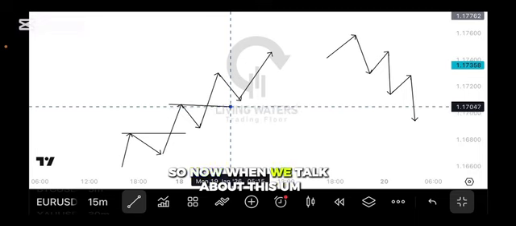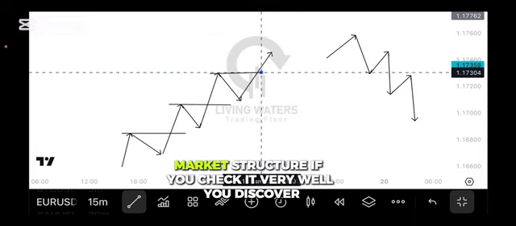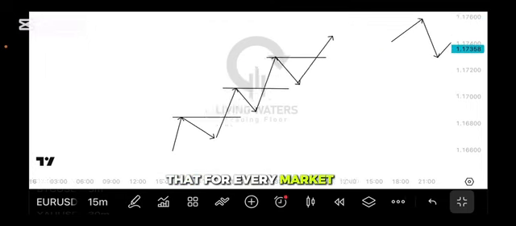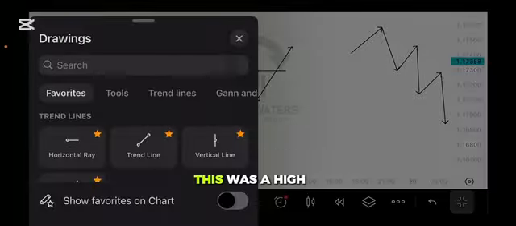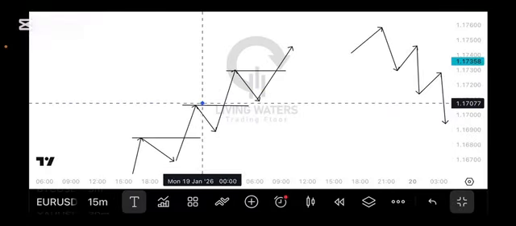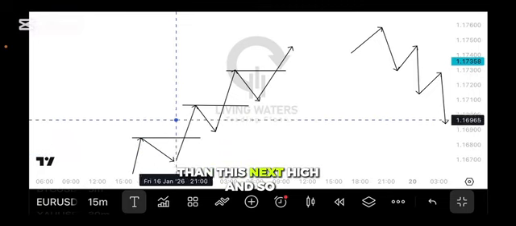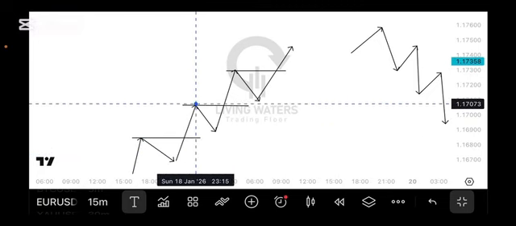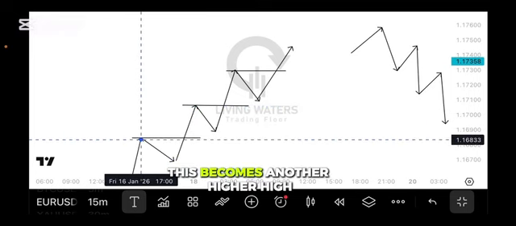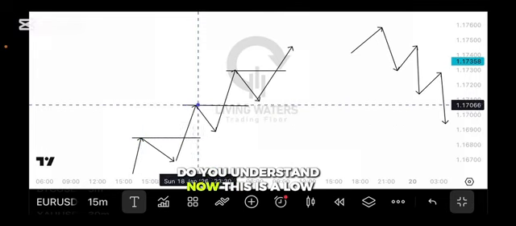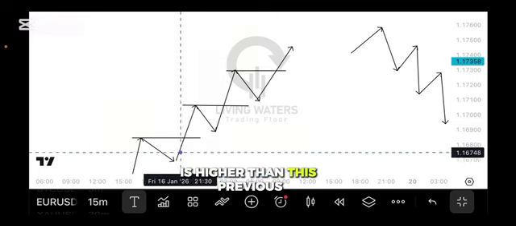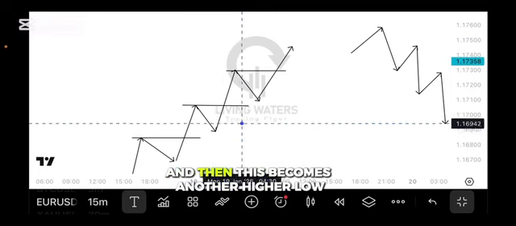This previous high is lower than this next high, so we call this the initial high, and then this becomes the higher high, this becomes another higher high. Do you understand now? This is a low, but then the next low is higher than this previous low, so we call it a higher low, and then this becomes another higher low.